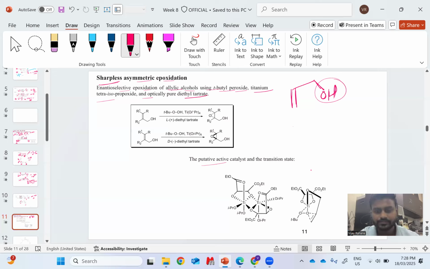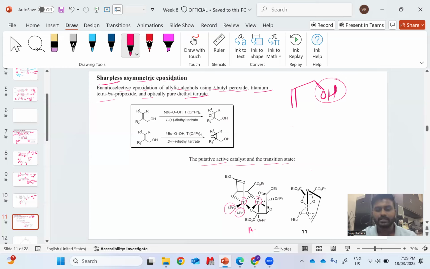So this is the active catalyst and the transition state. This is the titanium isopropoxide, the titanium and isopropoxide you can see here, which upon reaction with the diethyl tartrate, this is the part of the diethyl tartrate, forms the active catalyst, titanium isopropoxide and diethyl tartrate.